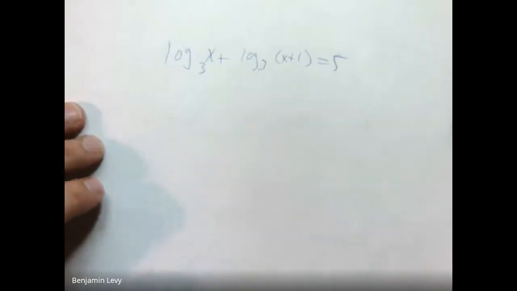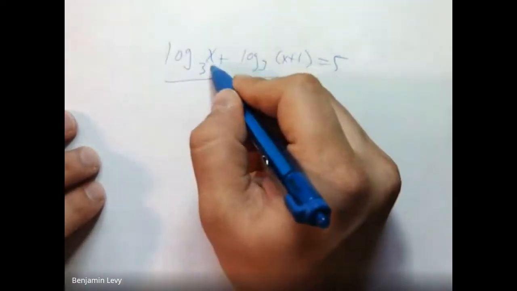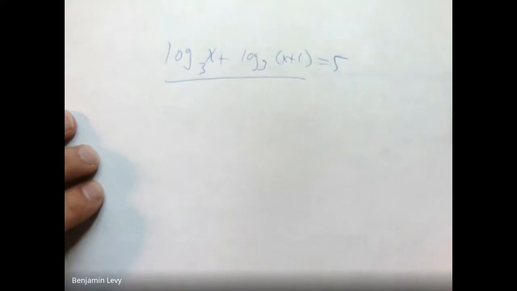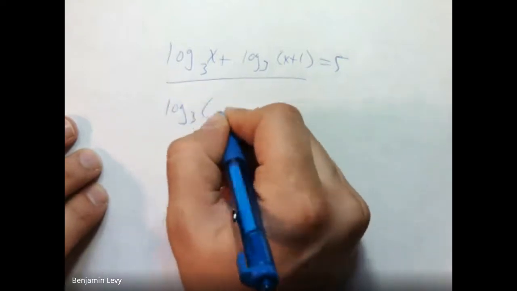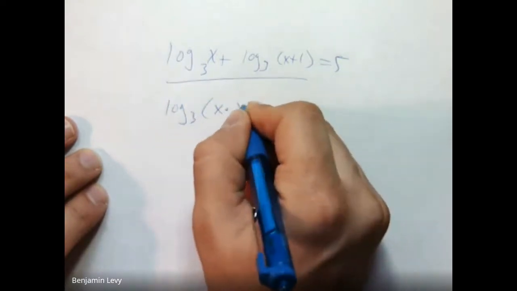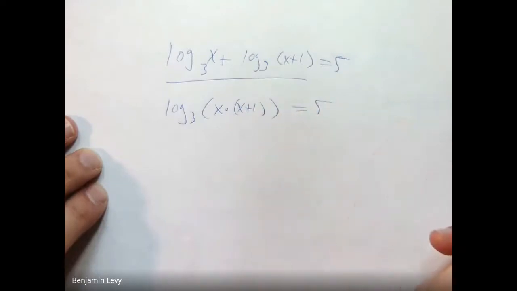So it's this problem right here, right? Yes. So this is like an extension of the one we just did a second ago. So first thing you need to do is combine these things together, and then you change it into an exponential like we talked about before, right? So these two things are being added, and so you could combine them by multiplying what's inside there. And then you change it to an exponential.